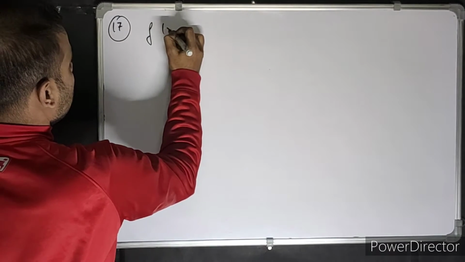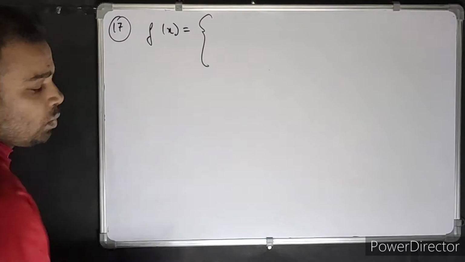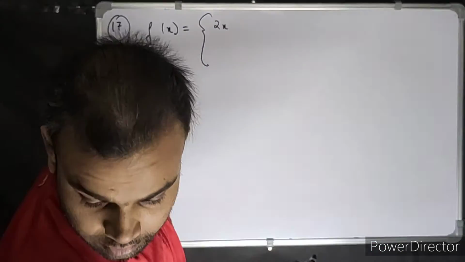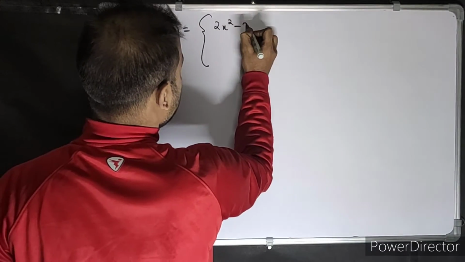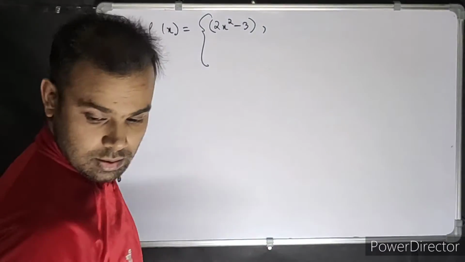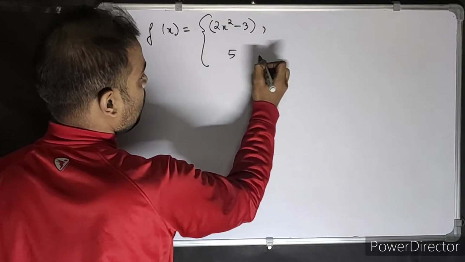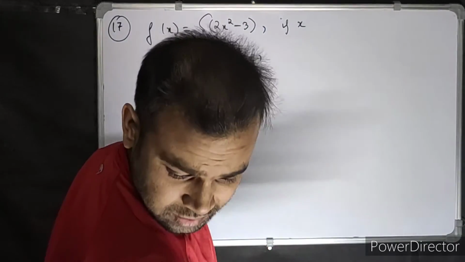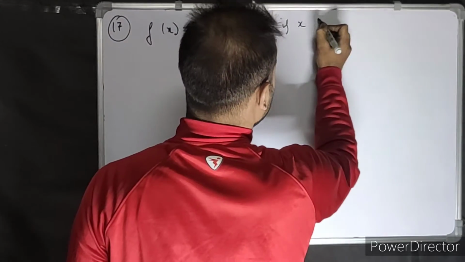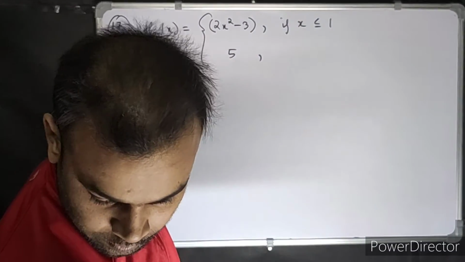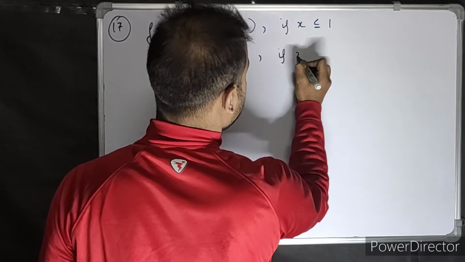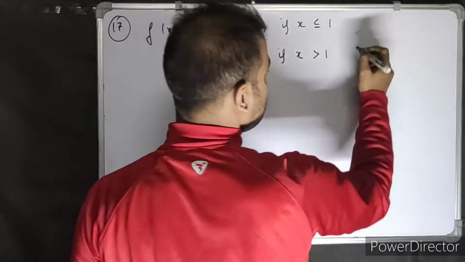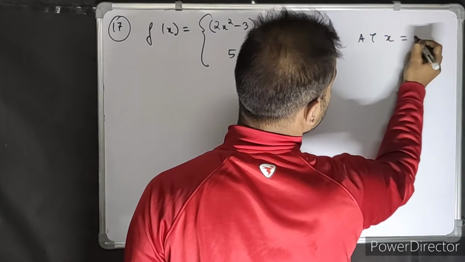It's given as f of x is equal to 2x square minus 3 and 5 over here, if x is less than or equal to 1, and if x is greater than 1.